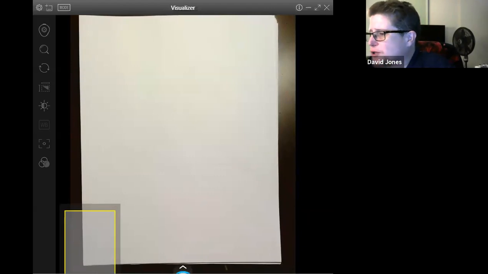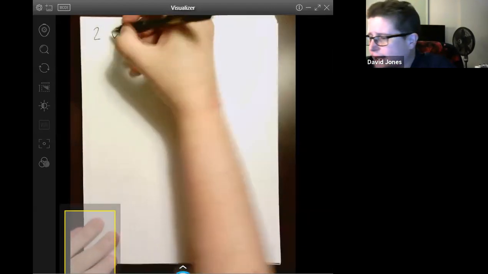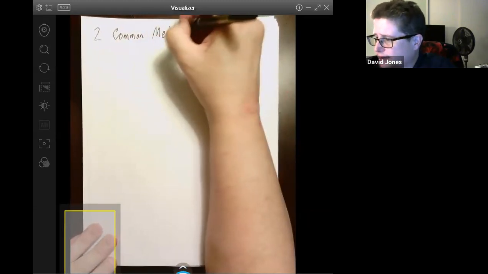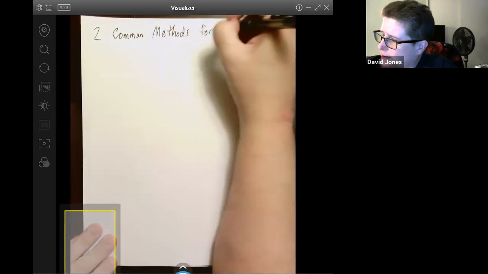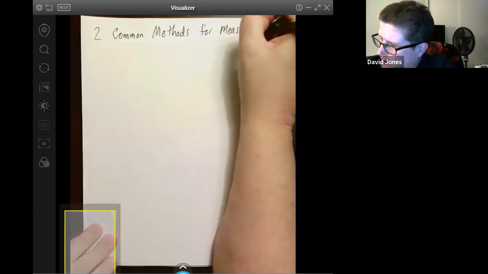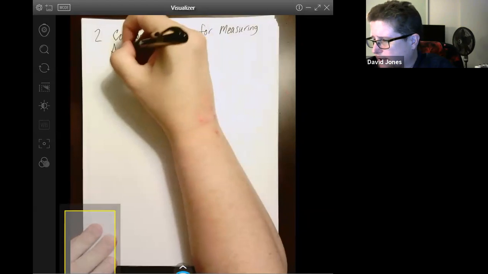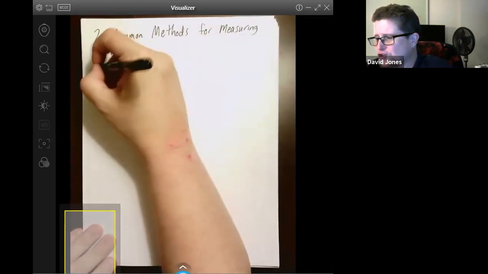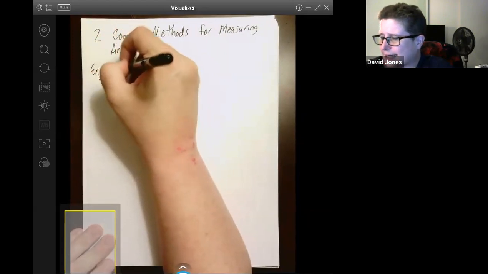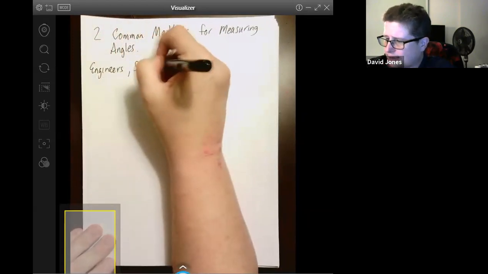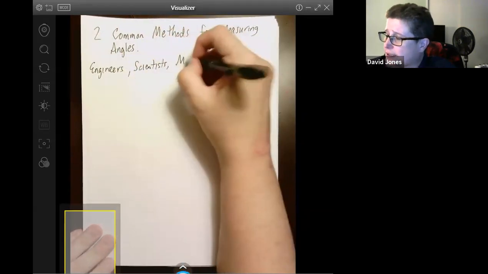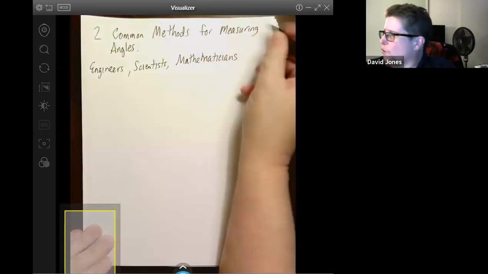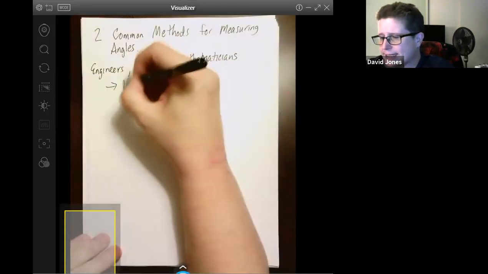So in trigonometry, there are 2 common methods for measuring angles. Engineers, scientists, people like that, mathematicians, we like to use something called radians.